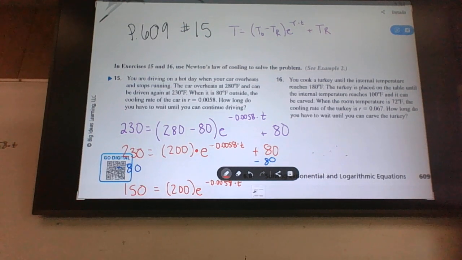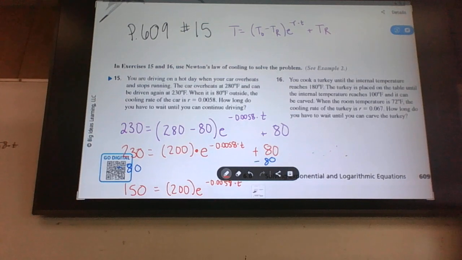Let's take the 200 off. Let's divide that 200 off. It's in the way right now. Get it out of there. Remember, E is the base. You're trying to isolate the base and the exponent. That's as simplified as you can get.